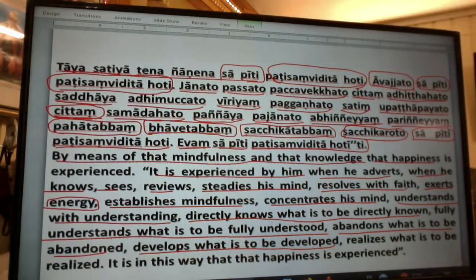These Eightfold Noble Paths should be developed. So Bhavitabba, the Pali meaning. So there is only one way.